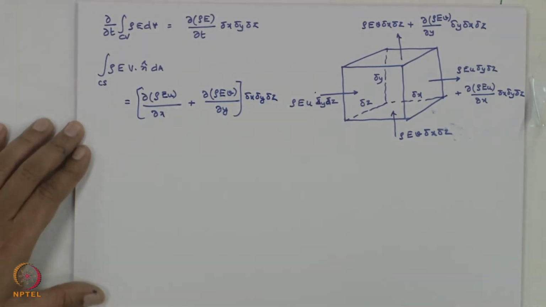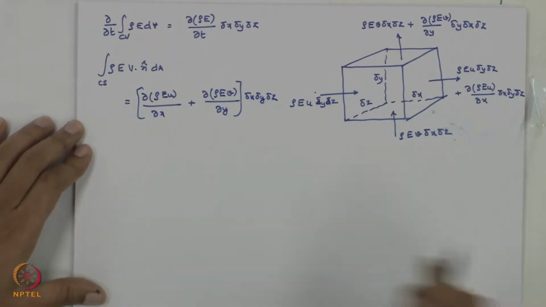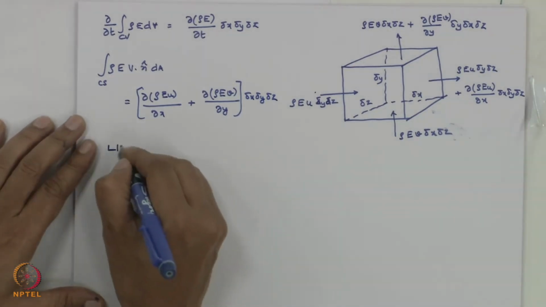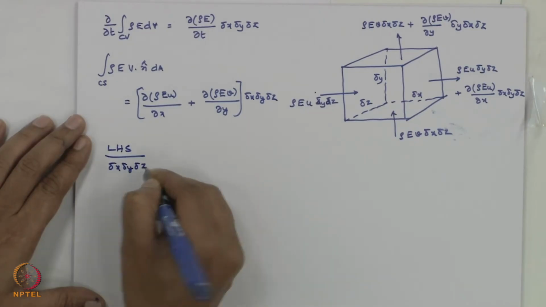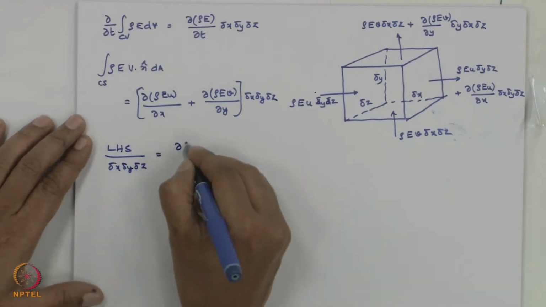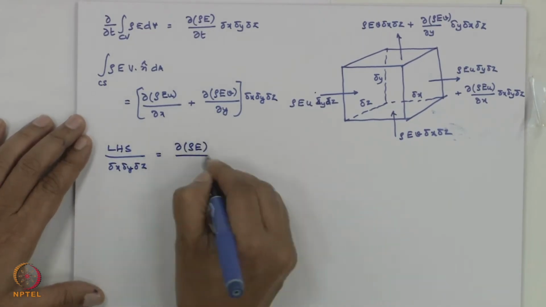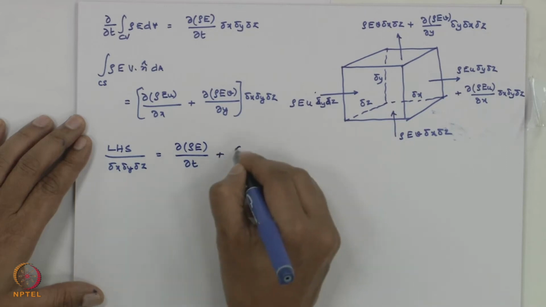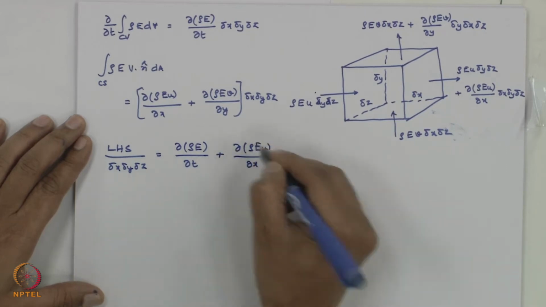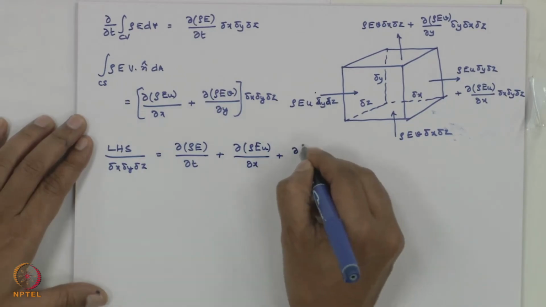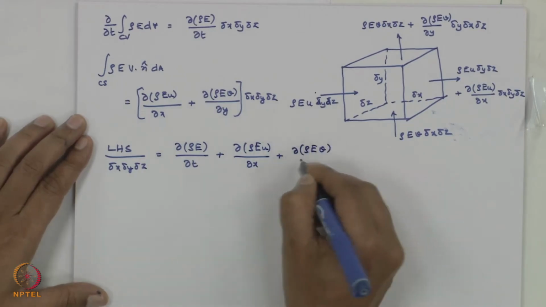So you have LHS upon Δx Δy Δz equal to ∂(ρE)/∂t plus ∂(ρEU)/∂x plus ∂(ρEV)/∂y.